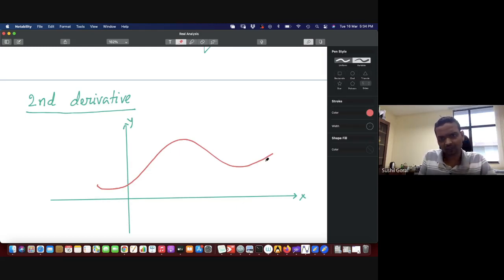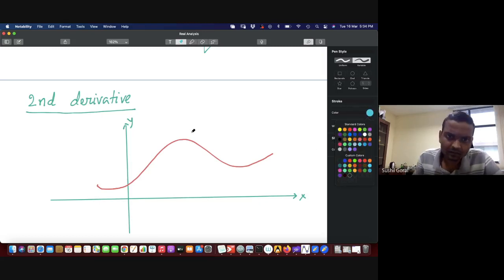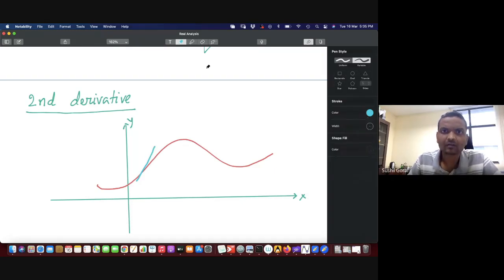So you see here, now let me draw tangents. Look at the tangent here, it will be something like this.